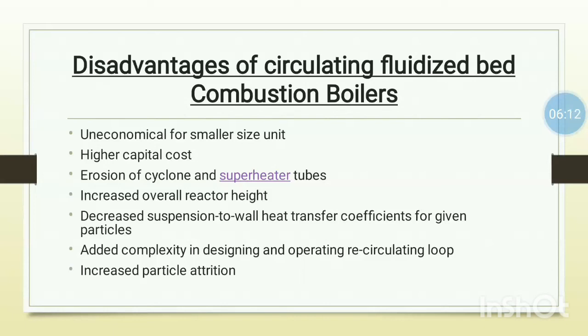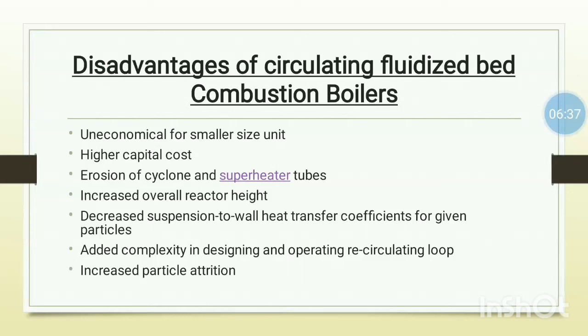Higher capital cost. The capital cost of it is very high. Erosion of cyclone and superheater tubes. This is also a problem, that the cyclone and the superheater get eroded. Increased overall reactor height. The reactor height we have seen in the video is high.